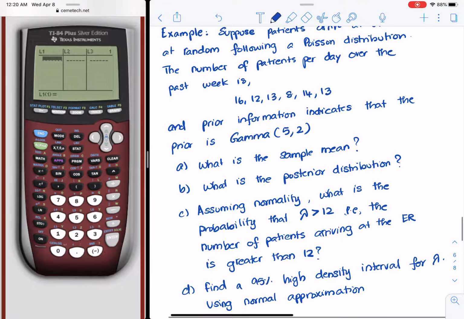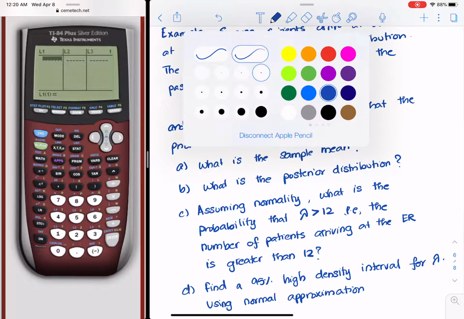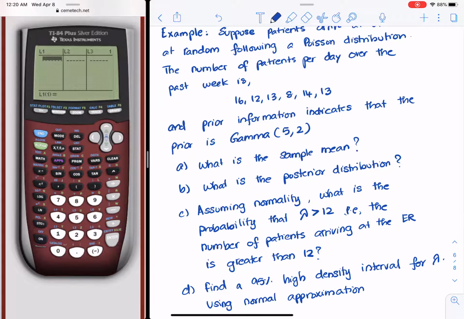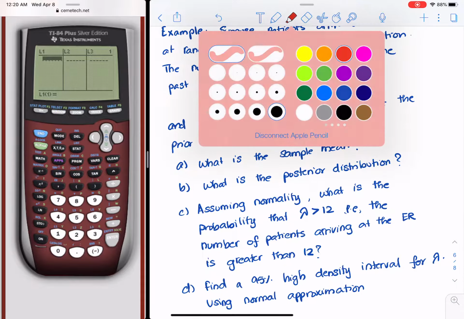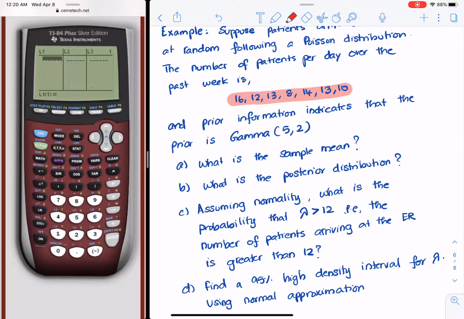We have observed a week, so I need one more day, so let's go ahead and add another, let's say 10. So we have information from 7 days, and day 1 we had 16 patients, day 2 12, day 3 13, and so forth.